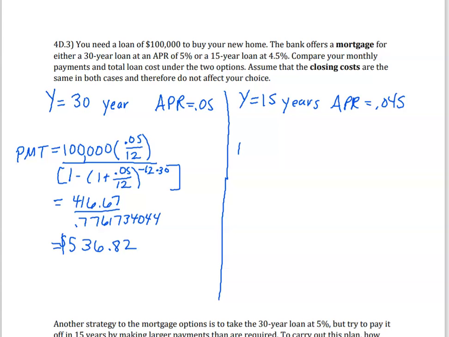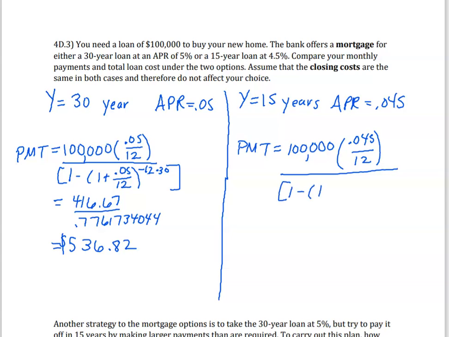Okay, for our 15-year payment, still taking out $100,000. Our interest rate went down to 0.045 though, still over 12 months. And then 1 minus 1 plus our APR divided by the number of times we're going to do that per year, and raised to the number of times we're going to do that per year times 15.